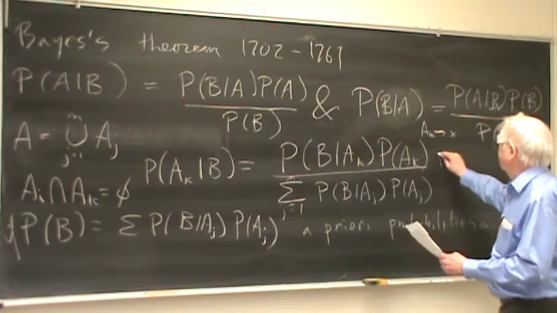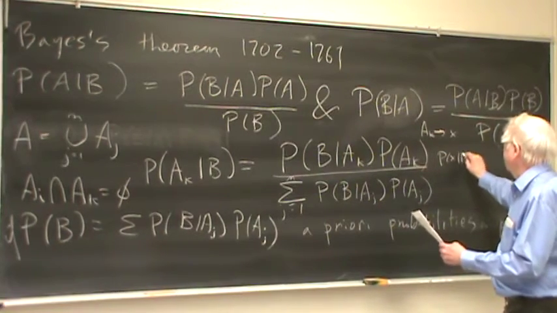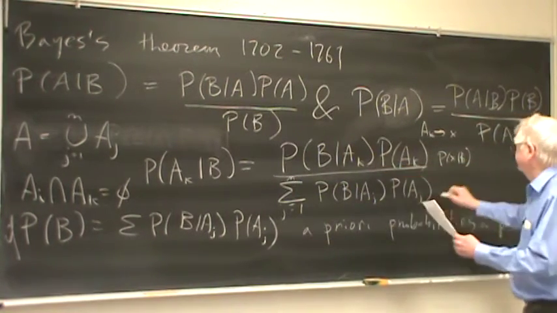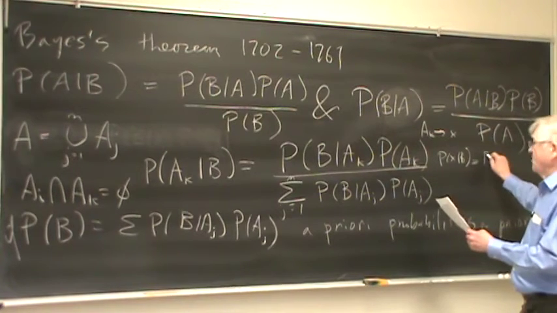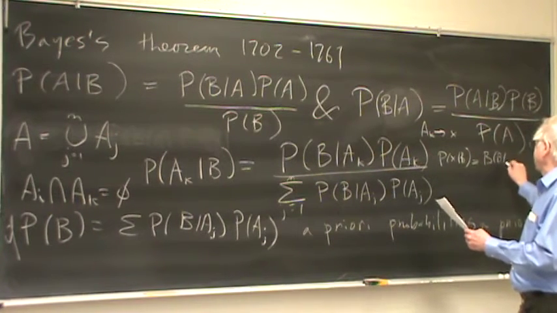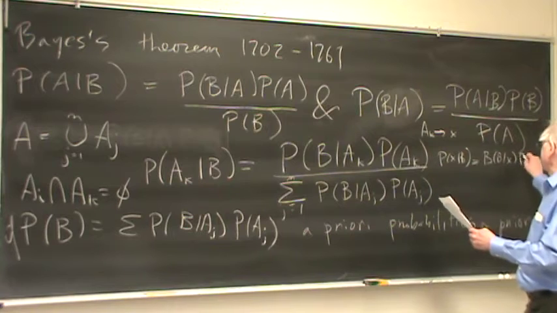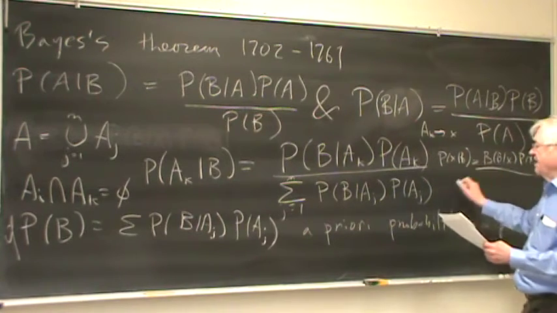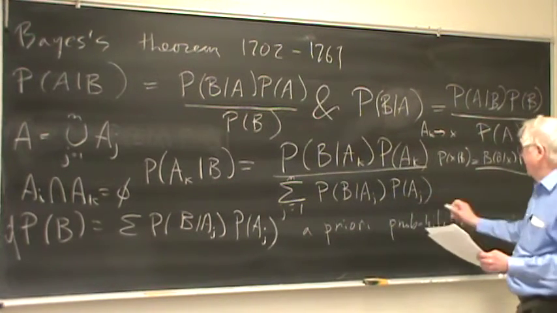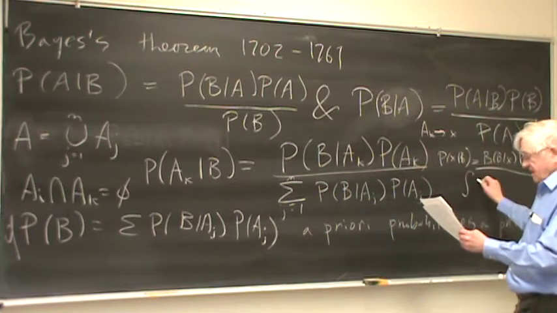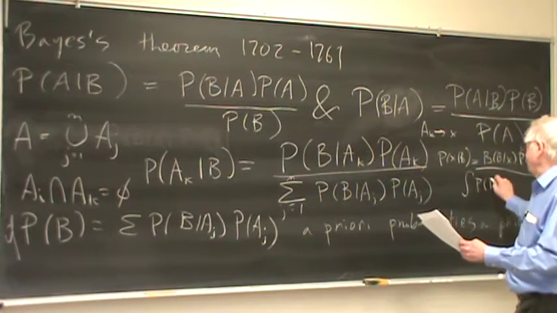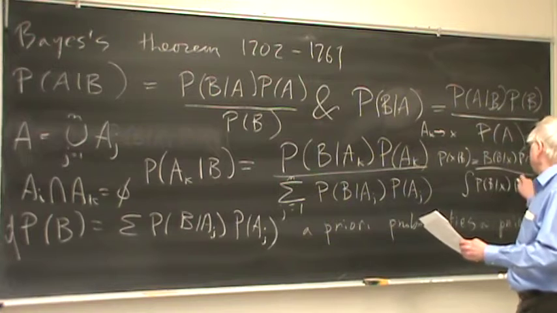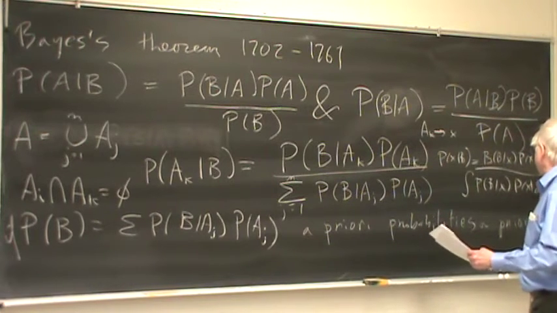Then the probability of x given b is the probability of b given x times the probability of x, divided by an integral of the probability of b given x times the probability of x dx.